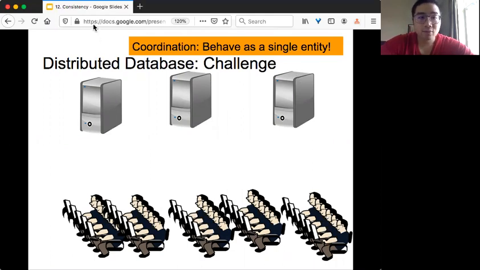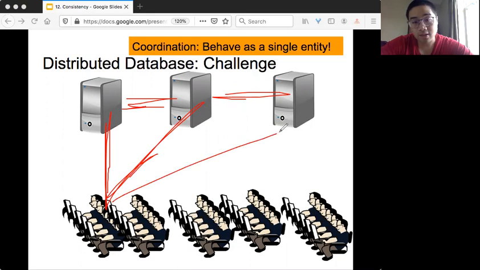But doing that requires lots of communication between servers, and potentially lots of communication between clients and servers. If some of the servers are slow or very far away, then it's very slow. So how do you do the coordination while maintaining high performance? That's an ongoing research challenge.